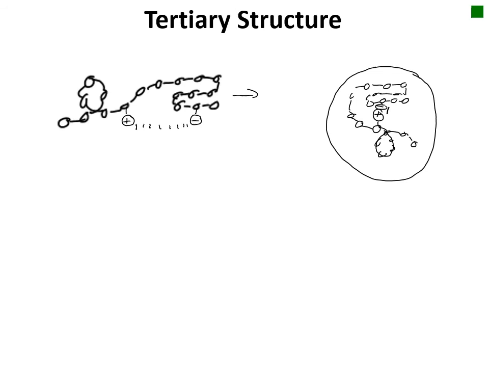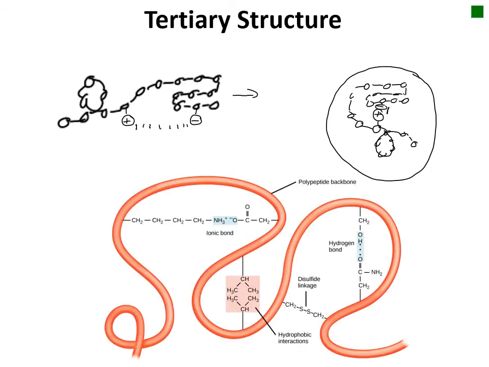The tertiary structure occurs due to multiple R group interactions, such as ionic interactions, which we just demonstrated, hydrophobic interactions, disulfide linkages, or hydrogen bonds.